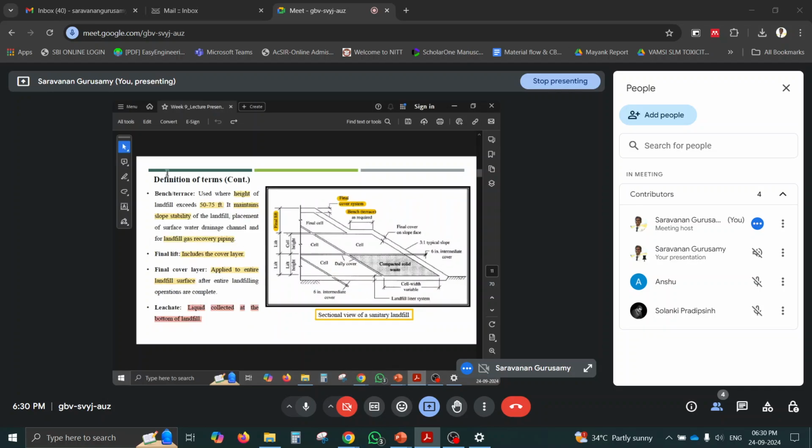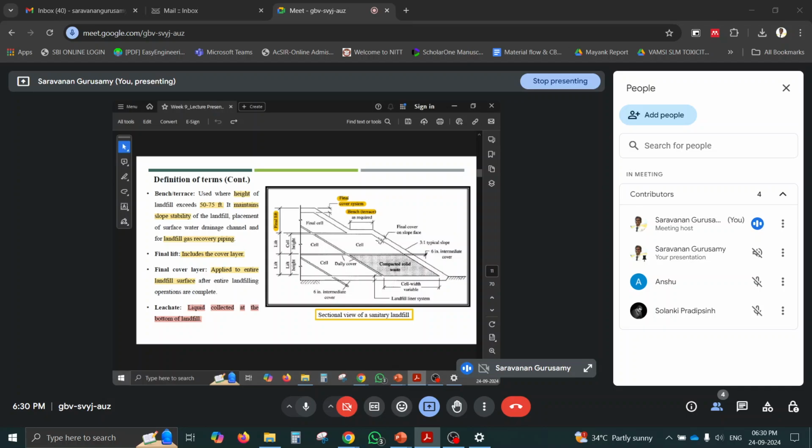Then bench or terrace. Bench or terrace is the cell width we are going to discuss. It is used where the height of the landfill exceeds 50 to 75 feet, which will be around 25 meters. It maintains slope stability, so for that we need a proper bench or terrace.